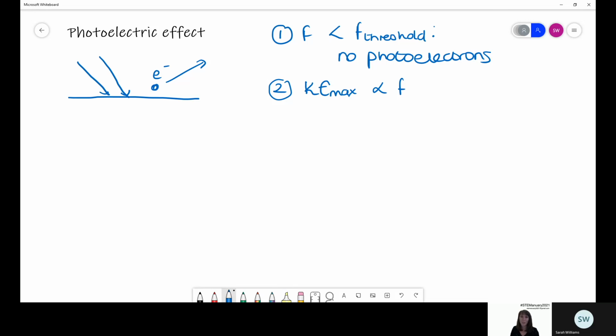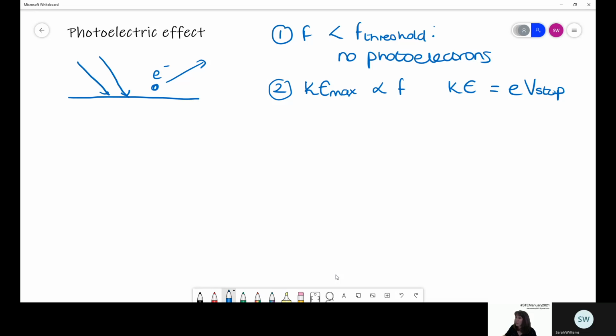And to measure the maximum kinetic energy, the experimental setup typically involves applying a potential difference across the gap in which the electrons are being emitted, and you can work out the kinetic energy being equal to e times the stopping voltage, where the stopping voltage corresponds to the potential difference you need to apply such that you get no photoelectrons being detected at a given point.